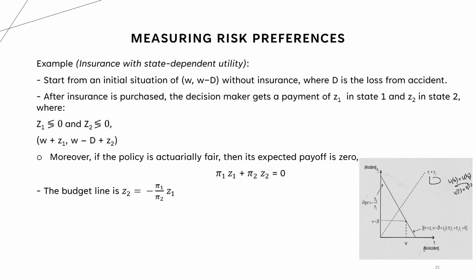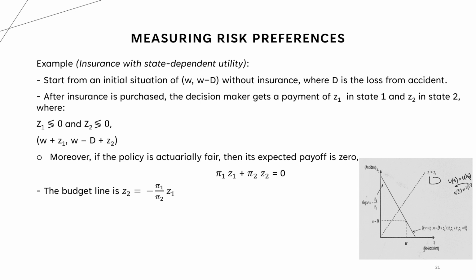So here we begin with an example of insurance with a state-dependent utility. In this situation, the decision maker starts with initial wealth, which is W, and the potential loss, D, from an accident. After purchasing insurance, the decision maker gets two different payouts, Z1 in state 1, perhaps if an accident happens, and Z2 in state 2, perhaps if no accident happens.